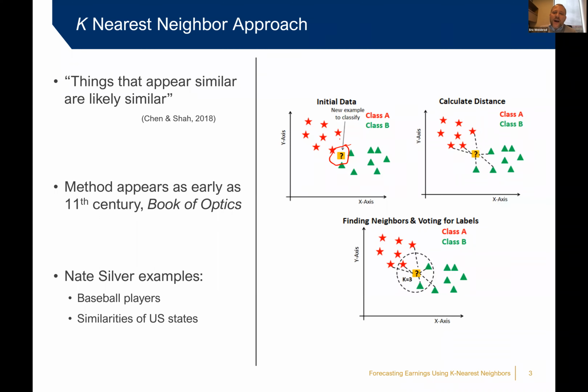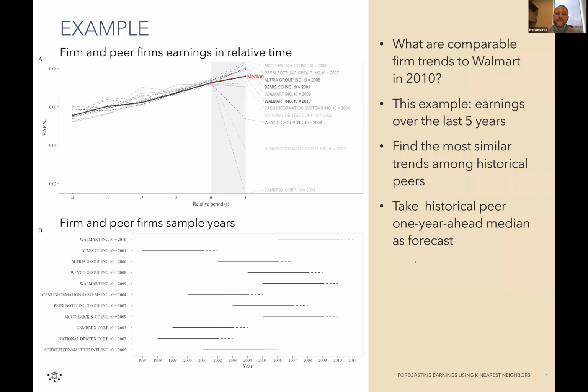You can pick however many features or variables you want to match on and say, okay, let me look at the most similar other data points in those dimensions. One thing you have to decide is how many neighbors you're going to choose, and I'll talk about how we figured that out in our setting. But in this case, if you pick the 3 nearest neighbors, so K is the number of nearest neighbors you're going to match on, if the majority of them are triangles, you'll predict that this observation will be a triangle.